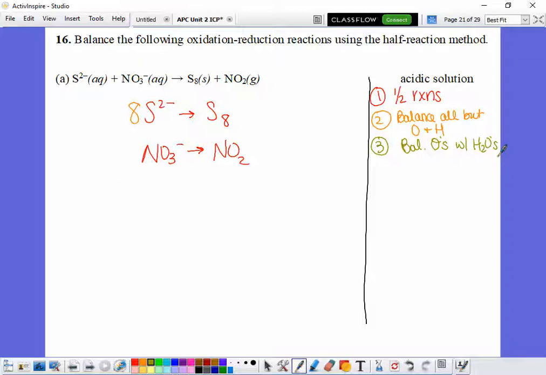In my first half reaction, I have no oxygen, so I don't need to do anything more with that one for now. My second half reaction, I have 3 oxygens on the left and 2 on the right. So I'm going to add 1 water molecule to the right so that it gives me a total of 3 oxygens on the right, balancing out the 3 on the left.